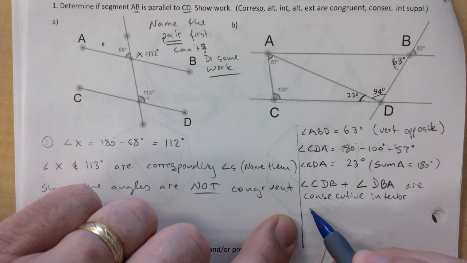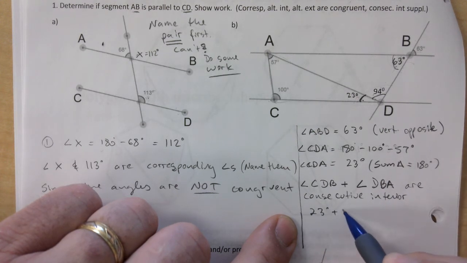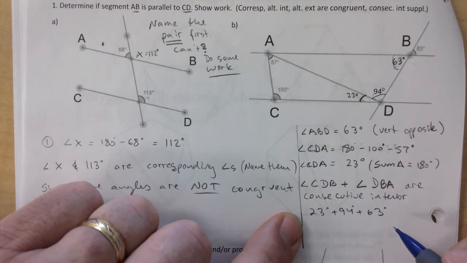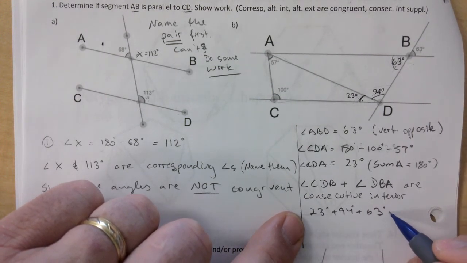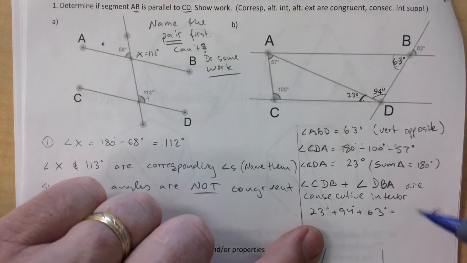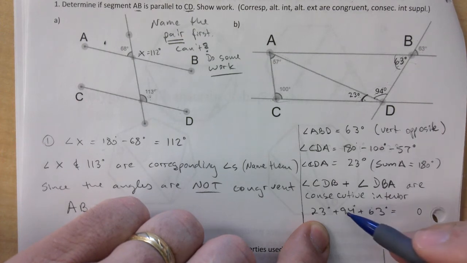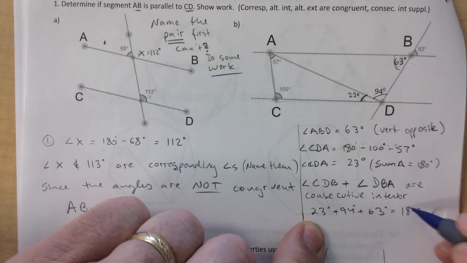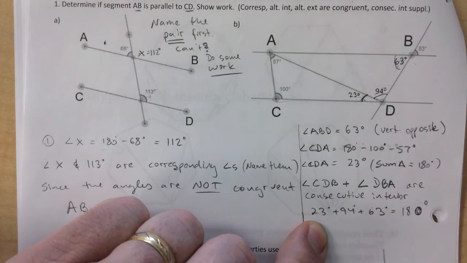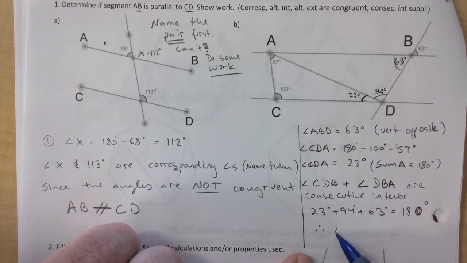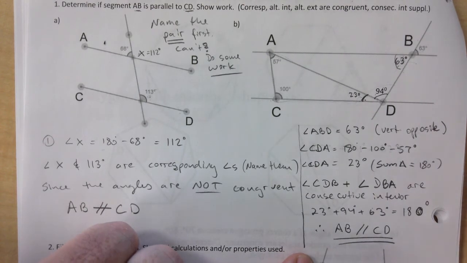Okay, so we can say that 23 plus 94 plus 63 adds up to 180, right? Yeah, 180 degrees. Therefore, AB is parallel to CD. There we go.